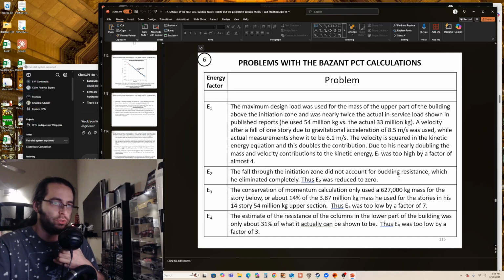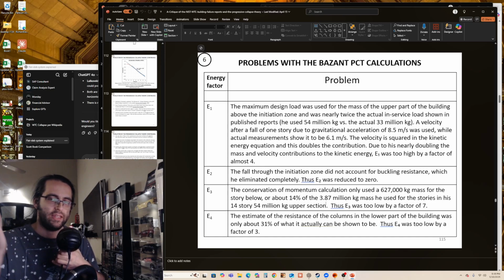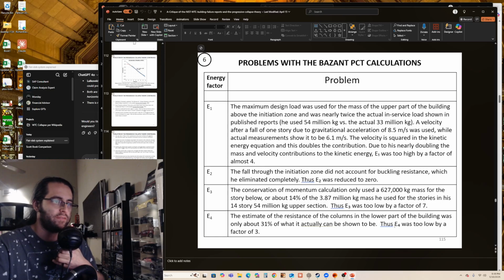He excluded buckling resistance. He didn't allocate the kilogram weights in a manner that was consistent with the weight he gave the stories below. So the conservation of momentum calculation was off.